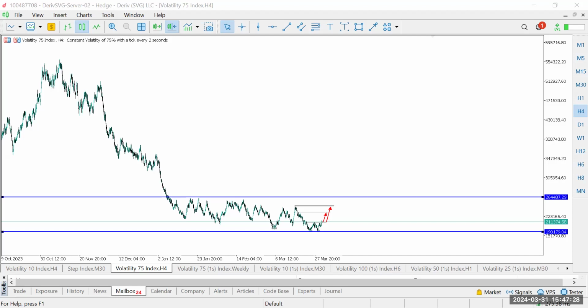Okay, so on the 8 hour, you can draw a trend line from the top, connecting the resistance, and then you can draw from the bottom also, connecting the support. So this is the channel. Is it showing on the screen?